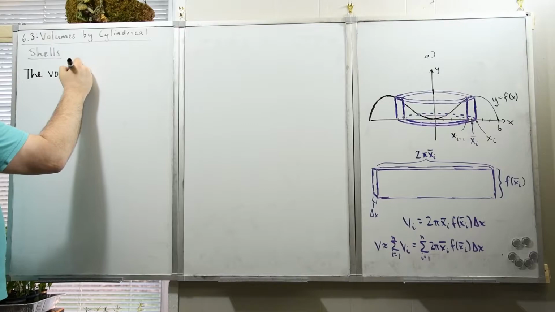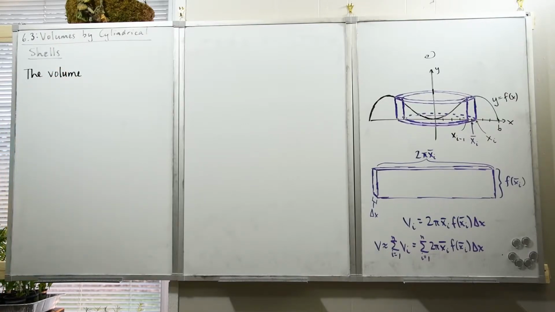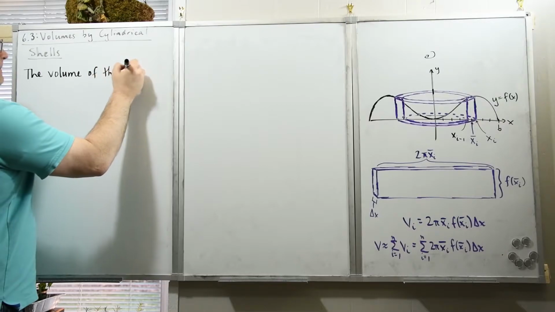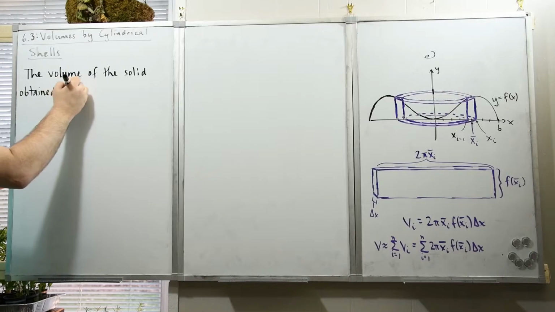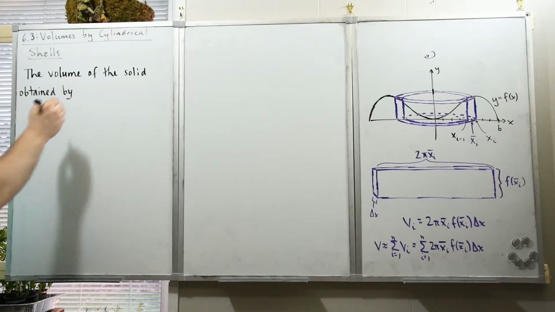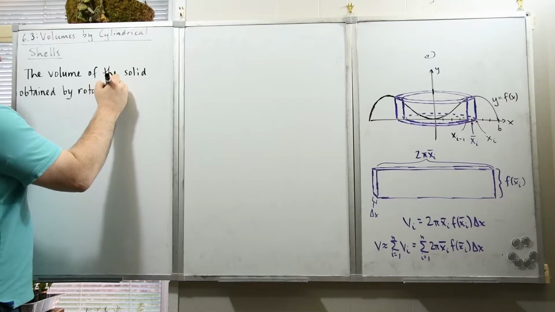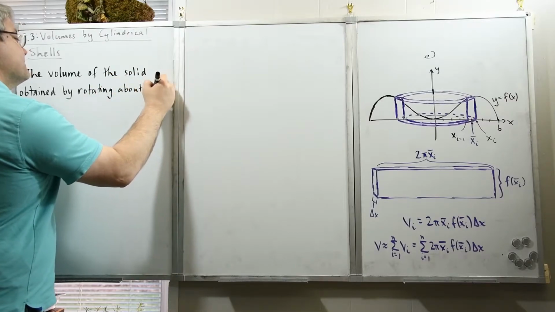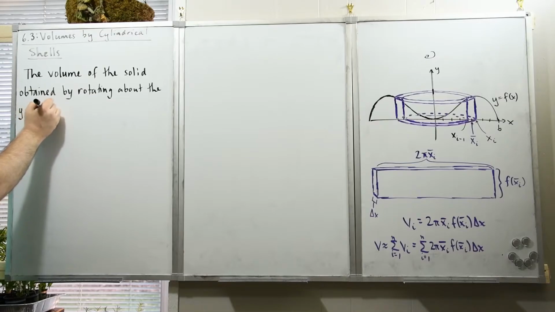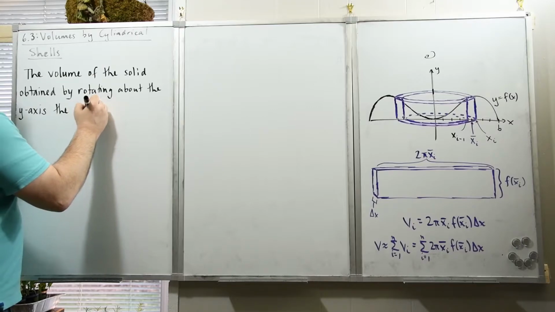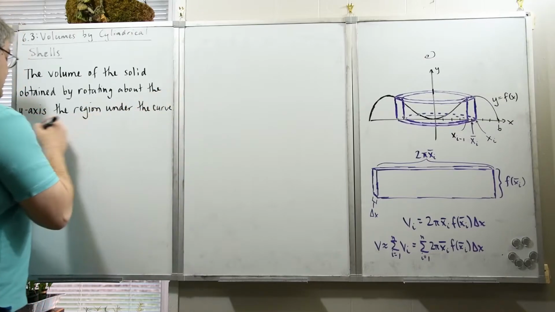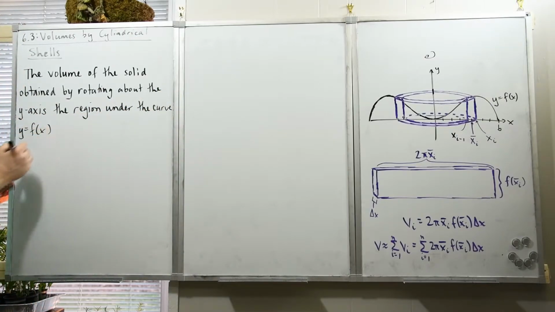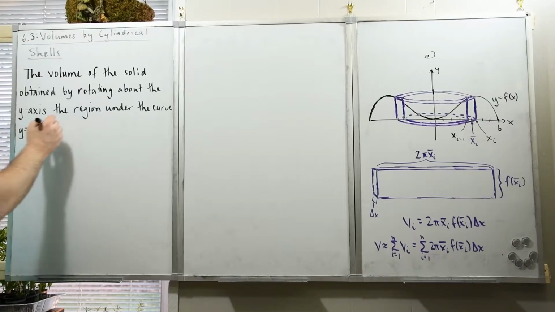The volume of the solid obtained by rotating about the y-axis the region under the curve y equals f of x from a to b.